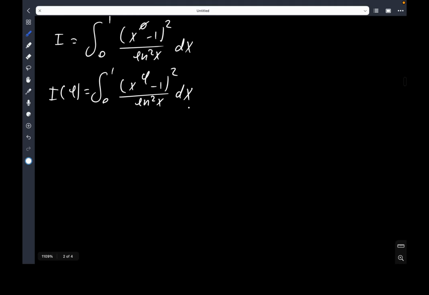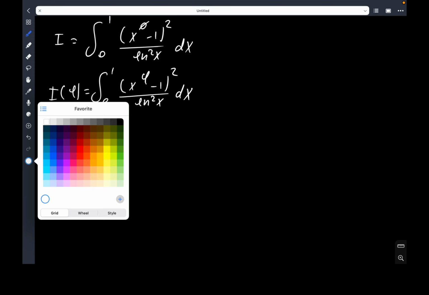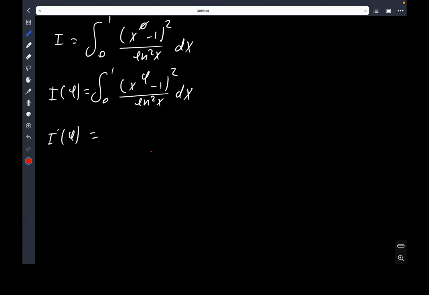Now, if I take the derivative of this function, it's going to be I prime of phi, which is d/d phi of my integral from 0 to 1 of (x to the phi minus 1) squared over ln squared x dx.